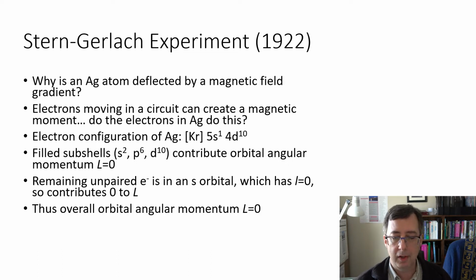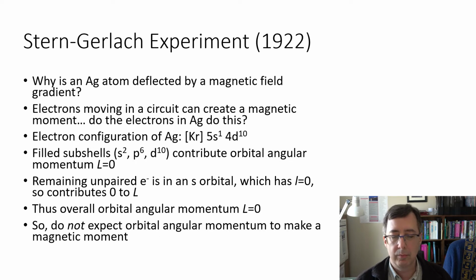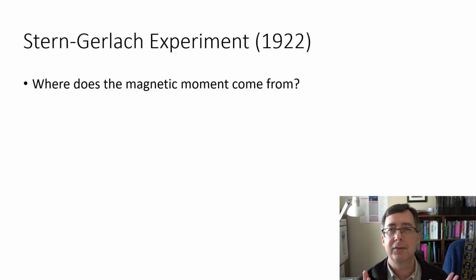So total orbital angular momentum is 0, and we wouldn't necessarily expect a magnetic moment out of the orbital motion of the electrons around the nucleus. But obviously there is a magnetic moment somehow, because the silver atoms are being deflected in the magnetic field. So where is it coming from?